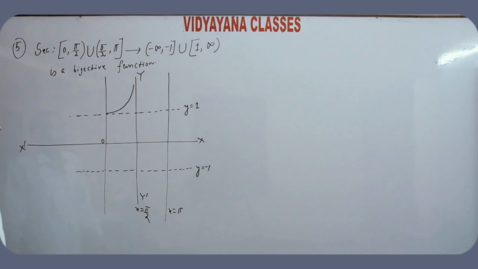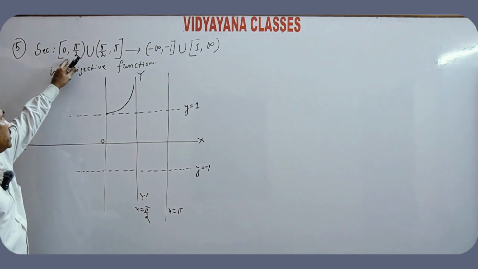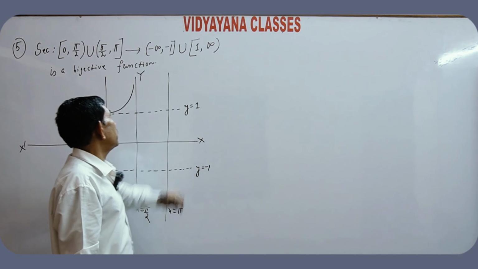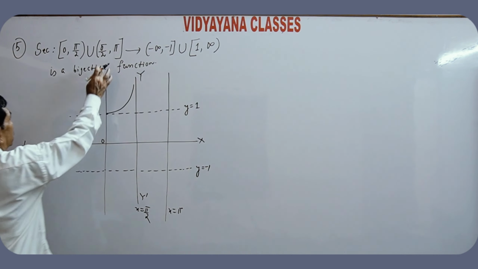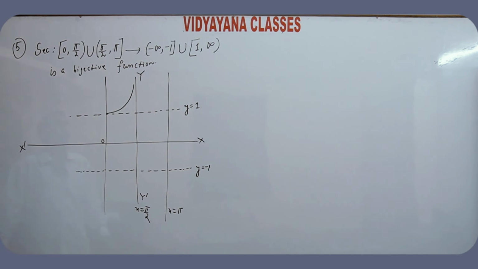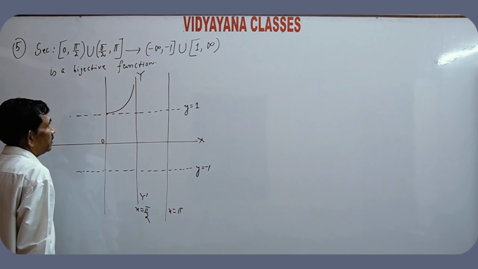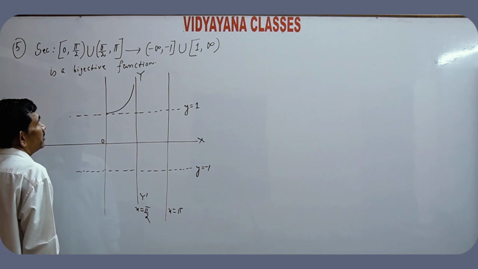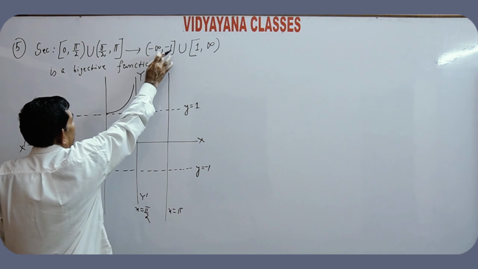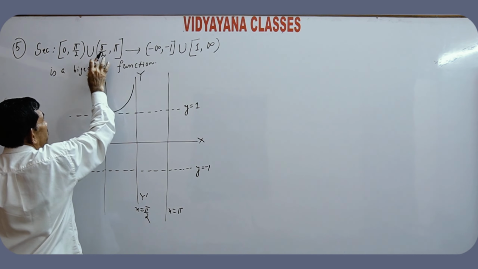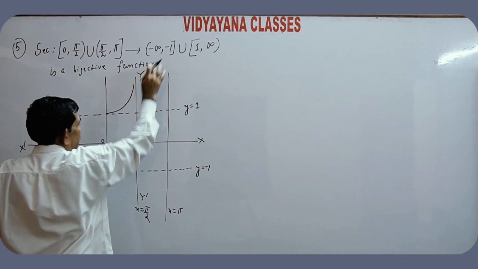It is the graph of the function. When x varies in this interval, y varies in this interval. When x varies in this interval, pi by 2 to pi, this line is x equal to pi by 2, y varies from minus infinity to minus 1. When x varies in this interval, y varies in this interval.